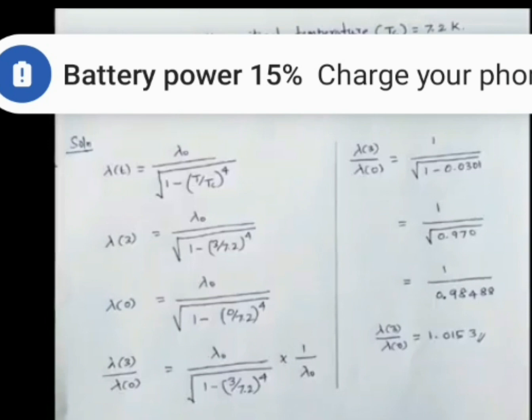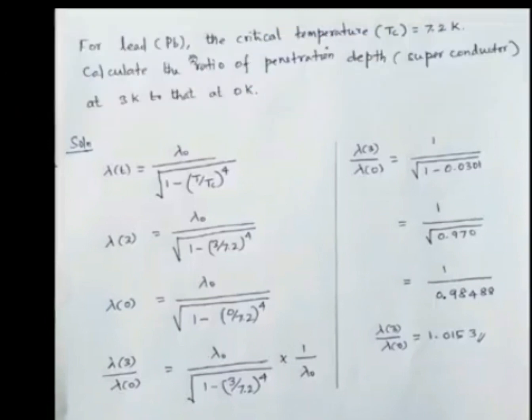So what they have given is the critical temperature Tc of lead, which is 7.2 Kelvin. They are asking us to calculate the ratio of penetration depth at 3 Kelvin to 0 Kelvin.